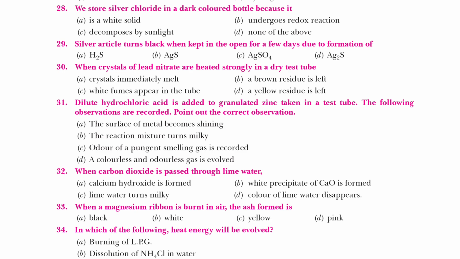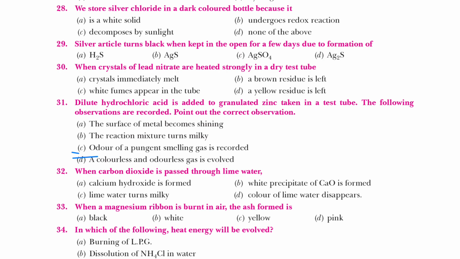Reaction mixture turns milky? No, this does not release carbon dioxide gas. Odor of a pungent smelling gas? No, hydrogen gas has no smell. D option, a colorless and odorless gas is evolved. So option D1 is correct in the case of the 31st question.